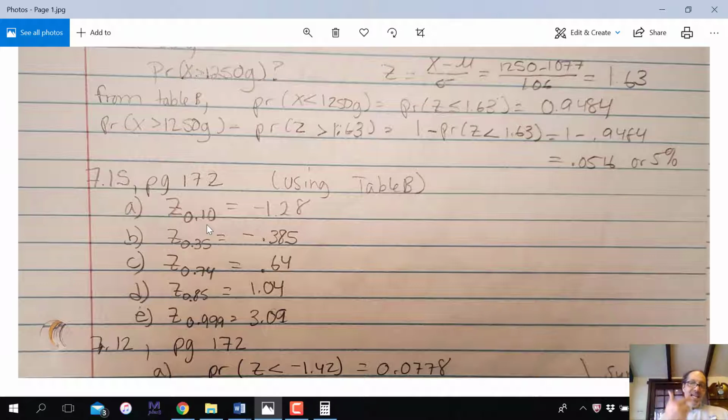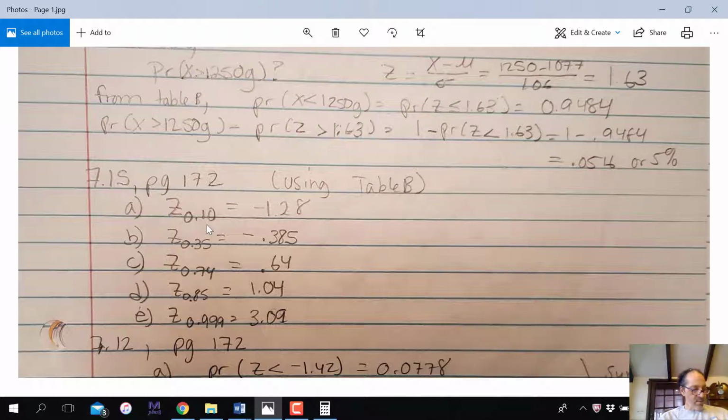We're going to go into the body of the table, because the values in the body of the table are the percentiles. So we need to look for a value of 0.10. So now we're not looking at the first row yet, and we're not looking at the first column yet. We're looking within the table and trying to find a value that's 0.10, or at least very, very close to 0.10. Let's see, 0.10.